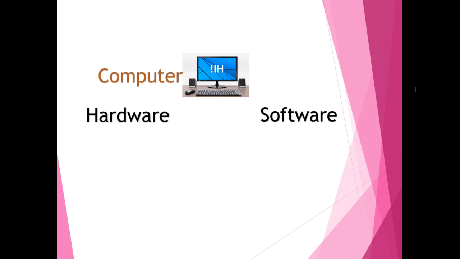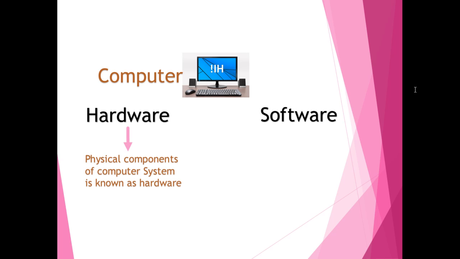What is basically hardware? Hardware is basically the physical components of a computer system. Like keyboard, mouse, monitor, speaker, these are all hardware because these are the physical components that we can see and touch. So all the physical components of the computer system are known as hardware.